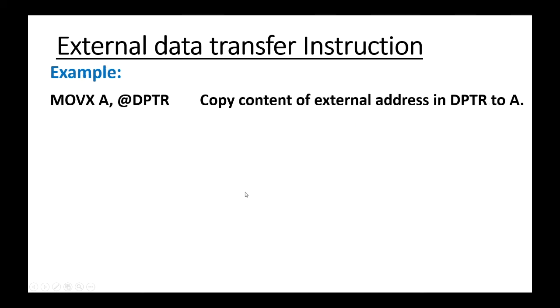The next instruction is MOVX A, @DPTR. DPTR is a 16-bit register which is giving you a 16-bit address, so you can access 64K of memory locations. It copies the content of the external address in the 64K of memory which is provided by DPTR to the accumulator.